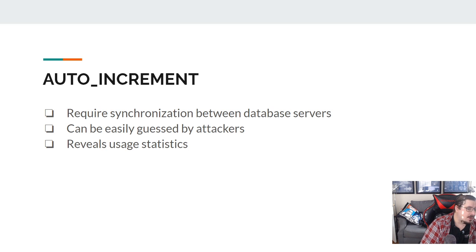So if I use auto increment as my primary key, let's say I want to insert a record, right? And let's say I'm in the US, I'm going to insert it, but I have 5 servers across the globe. Well, can I just insert the record into my US server and be done? Yeah, I see what you're talking about. It would just do the next sequential number. It has to go check with all the other servers and say, okay, I want to use the number 100. Is that okay?